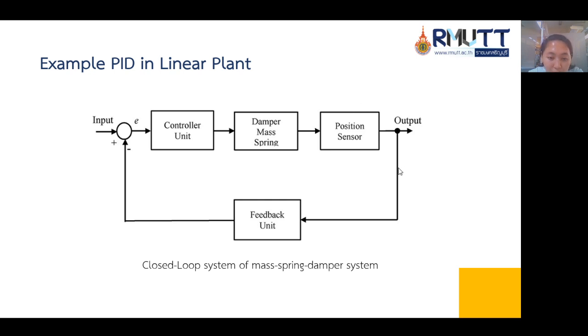The measured output is then compared with the input by the feedback unit, producing an error, which goes to the controller unit again to minimize the error. It cycles more and more until the output is the same as the input.